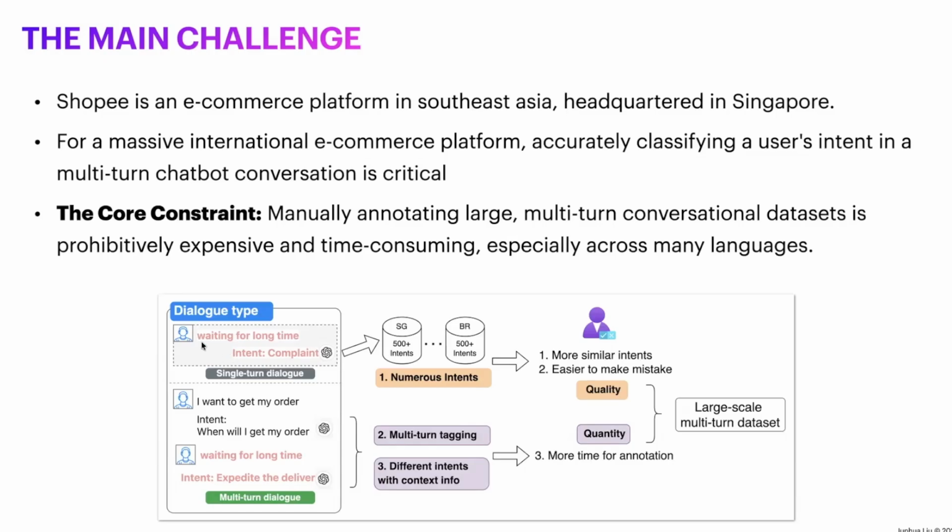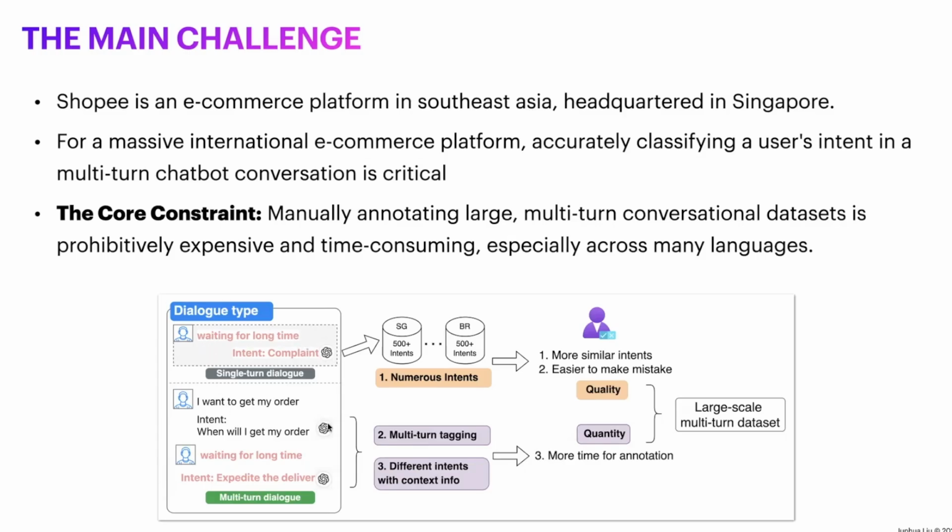That means if the user says waiting for a long time, there will be a label that says this could be a complaint. But they don't necessarily have multi-turn dialogue intents that are labeled. This is an example. If a user comes in and says waiting for a long time, it will be classified as a complaint. We think that this user is complaining essentially, or the LLM thinks so.